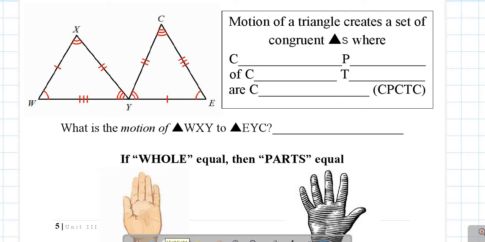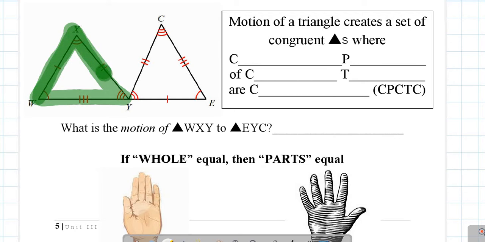I'll give you an example. You can see here, if you looked carefully, between this triangle, W, X, Y, if you could trace exactly that, what I just traced, that would be great. Let's do it again.